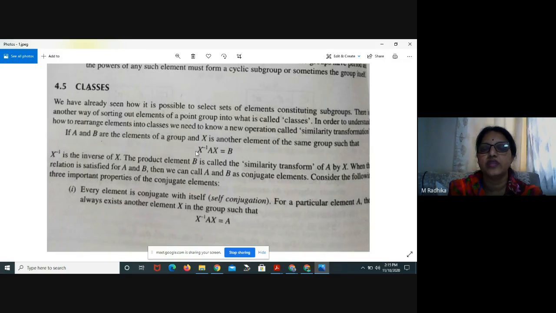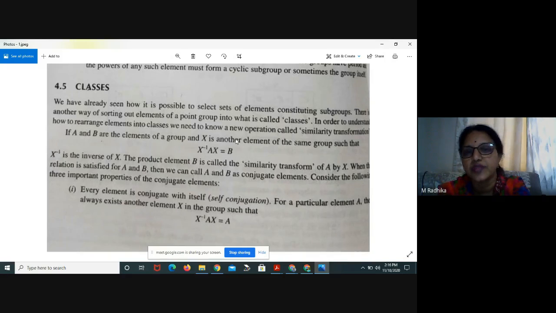That is, whenever I do these three operations, whatever I get as the product, that element is also a part of the point group. So whatever product or combinations you do, taking the elements, if the resultant product is one of the elements of the same group, then you tell that you have done the similarity transform. By doing these multiple operations, you are getting a product which is nothing but an element in the same point group.